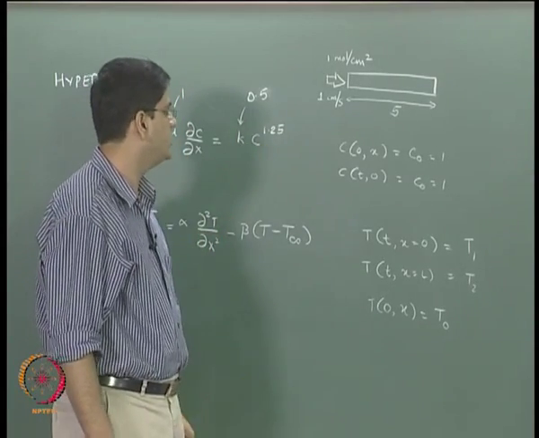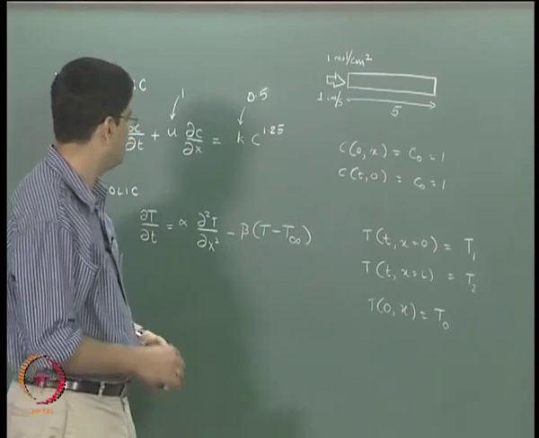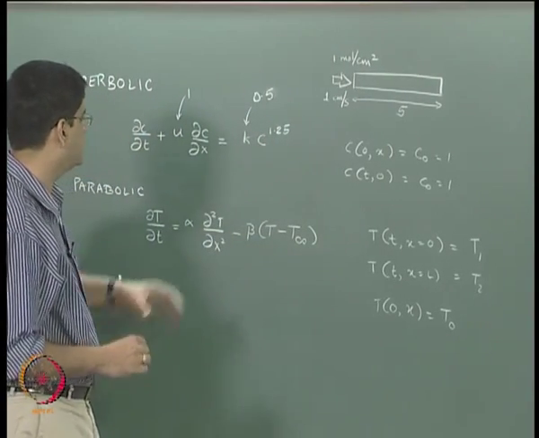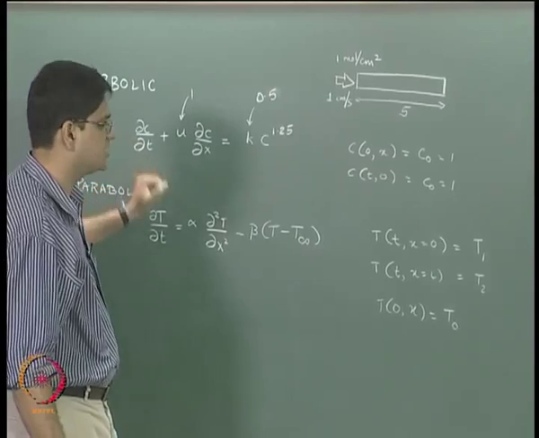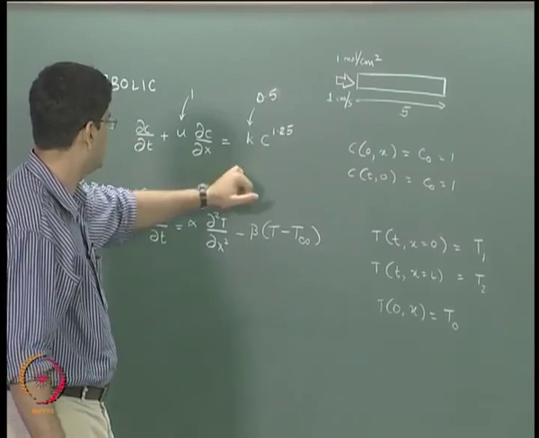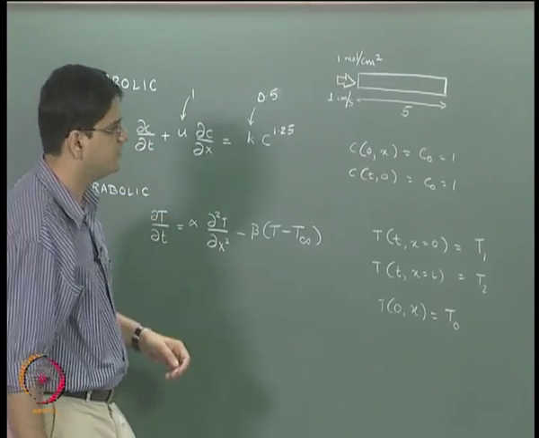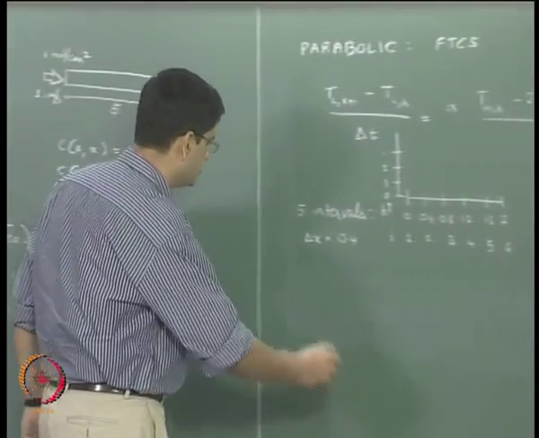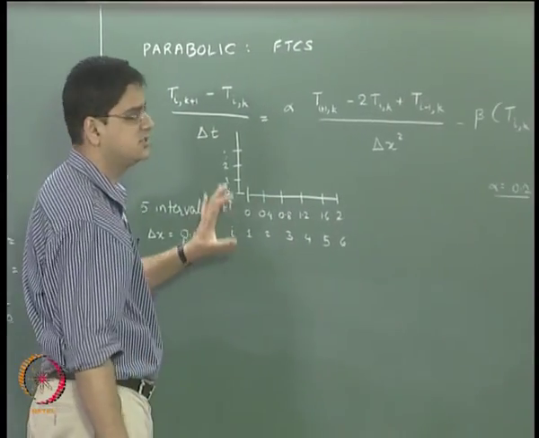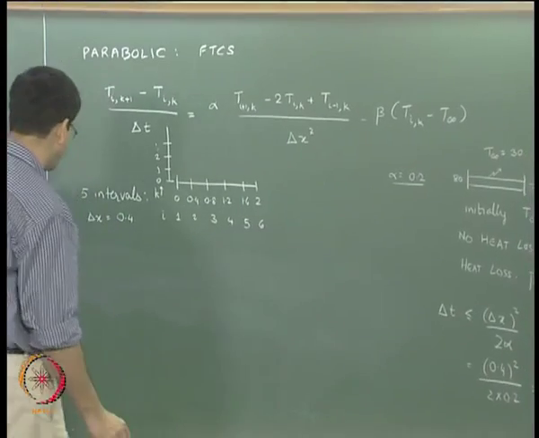That was the k value. So, for these conditions we will now try to solve this equation. Before doing that, we will express this as we did before with parabolic FTCS. What we have over here is the derivation for the parabolic FTCS.